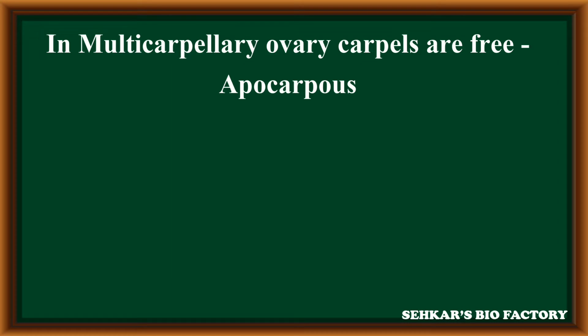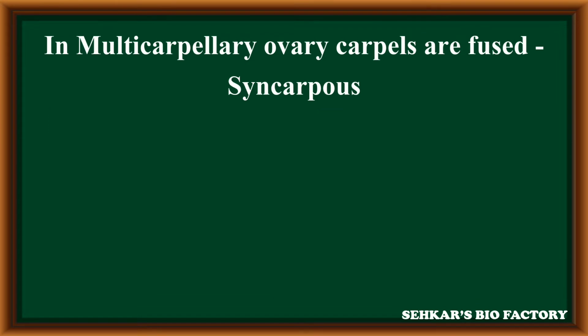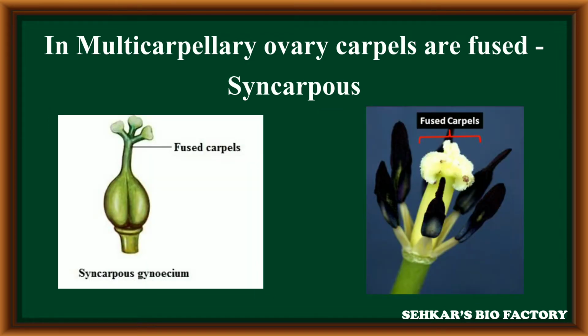In this multicarpellary ovary, the carpels may be free. Such a condition is called apocarpous. In some cases, the carpels or pistils present in the gynoecium may be fused to each other. Such a condition is called syncarpous condition.